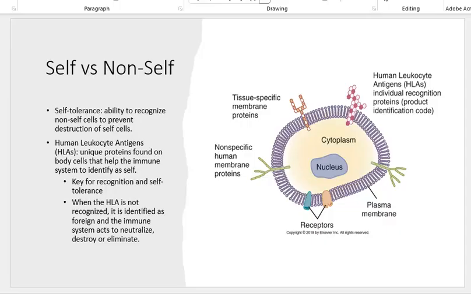Next, you have toll-like receptors. These are single-pass transmembrane proteins found on immune cells like macrophages, dendritic cells, and also on some non-immune cells. They recognize microbial components like bacteria or viral RNA and initiate an immune response.